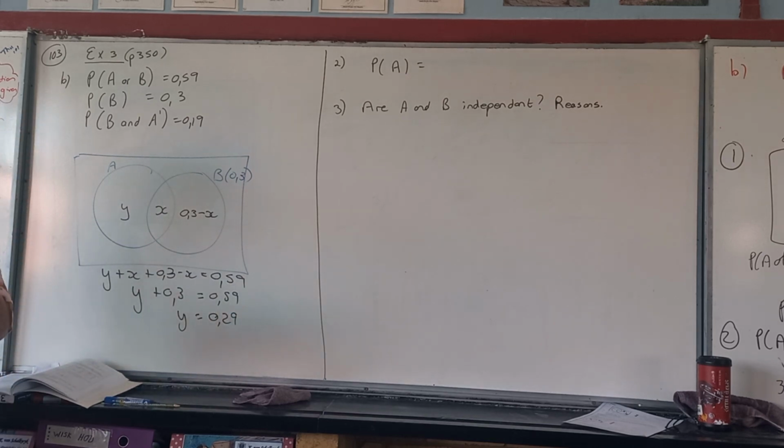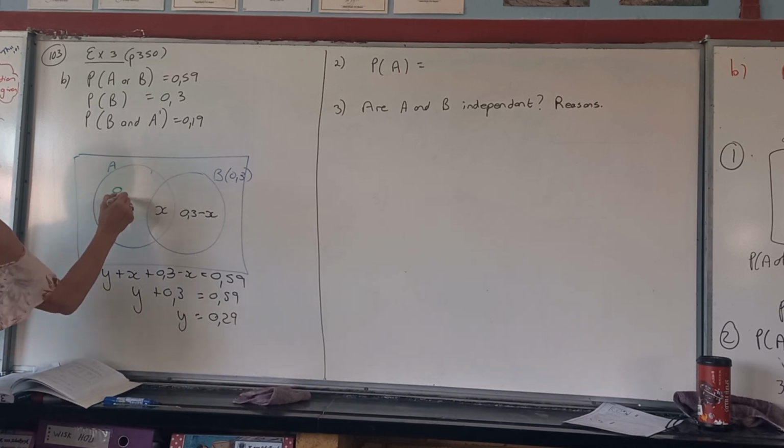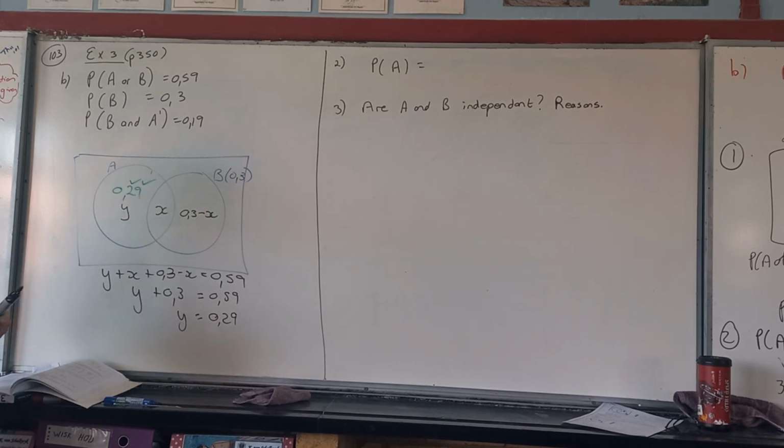If you had just written 0.29 there, it would most probably have been worth 2 marks, because whether you do it with an equation or by thinking logically, it's fine. Okay?